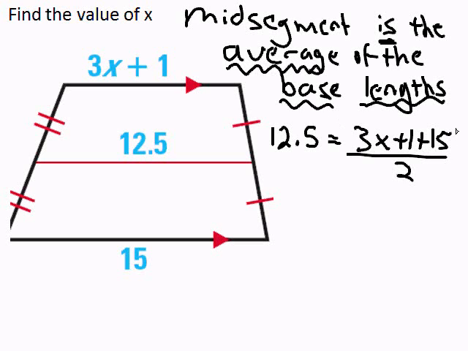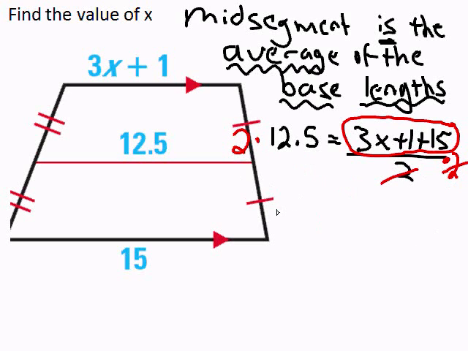We want to get x by itself, but it's trapped in the numerator of our fraction. So we want to get rid of this fraction some way. Notice that the whole top is divided by 2, and we can undo that by multiplying both sides by 2.